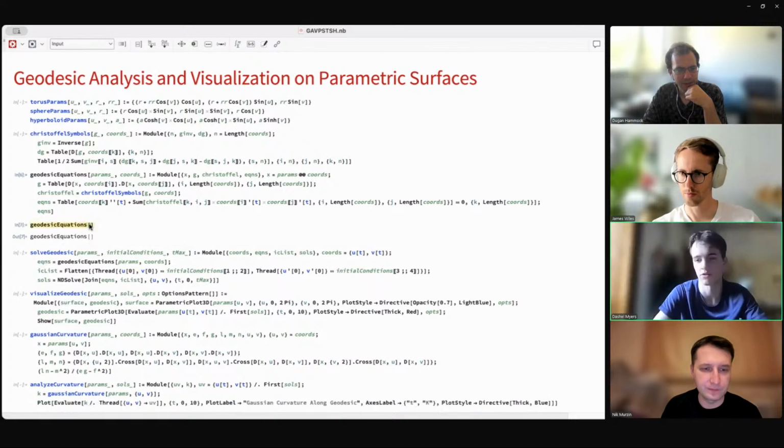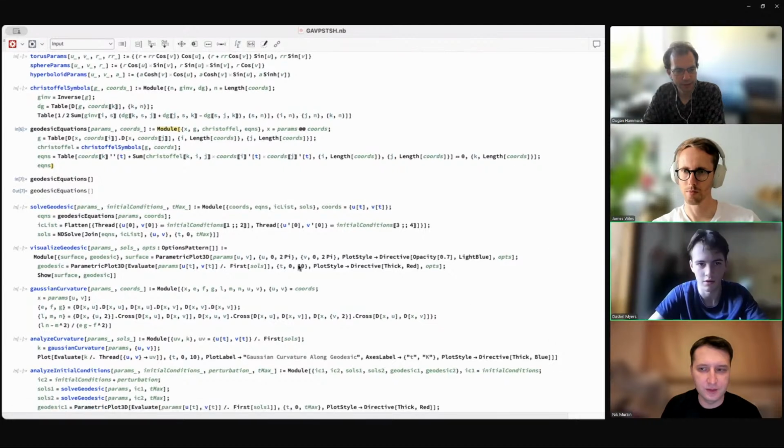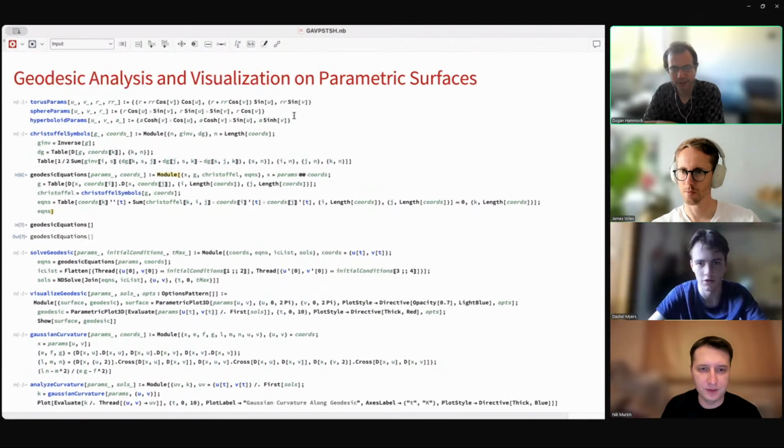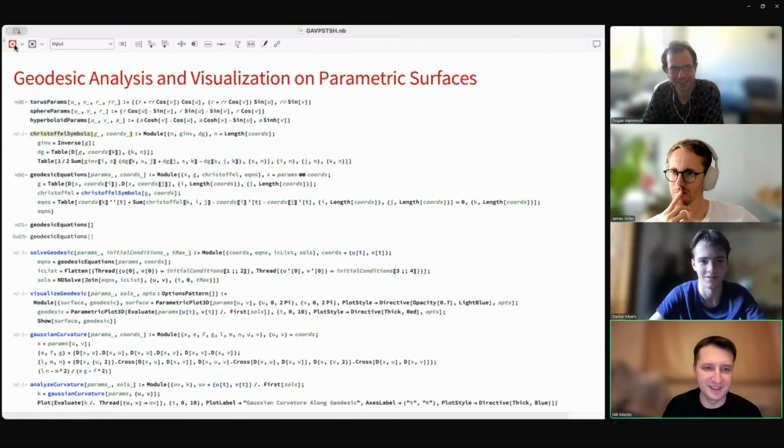Like of a torus. Yeah, well, just evaluate the whole notebook, I guess, all the definitions above too. Let's see. Just describe the functions, and if the notebook evaluates, that'd be helpful too. Oh gosh, just evaluate it as you usually do.